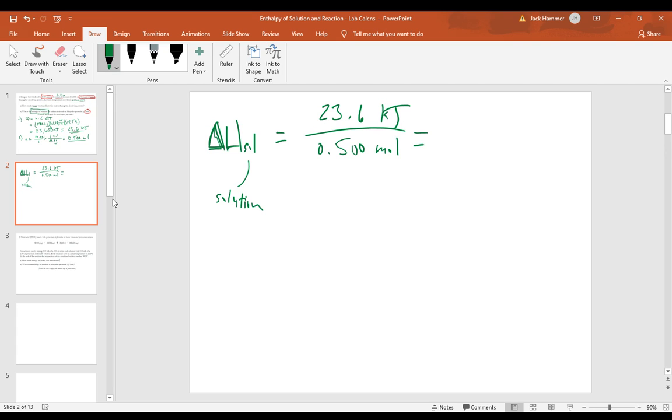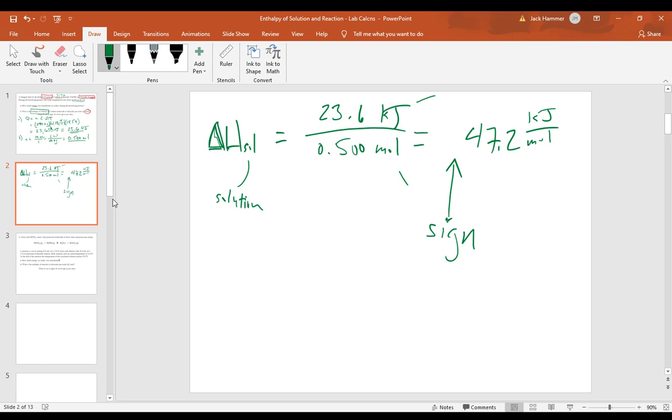When that all comes out of the wash, you should get 47.2, and that's kJ/mol, kilojoules per mole.